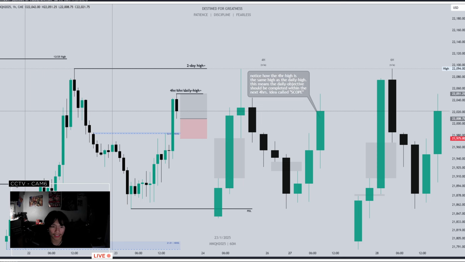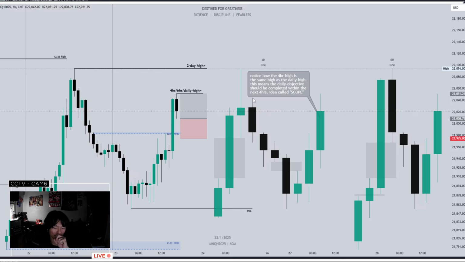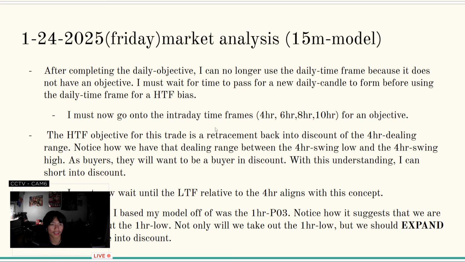And yeah, this trade does end up playing out. It's just I didn't have a screenshot for it for some reason. But yeah, we do end up taking out the daily high. But after we take out the daily high, I do get stopped out at break even. So that's just something that I did want to mention too.